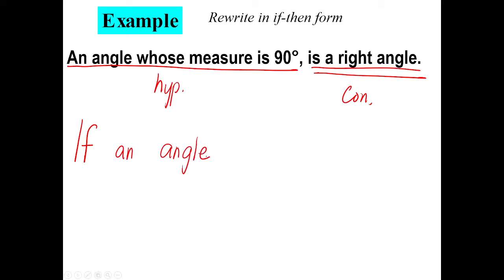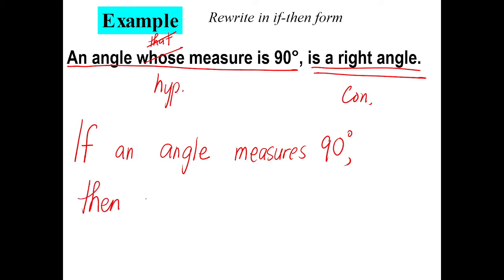Okay, here's the thing. If the sentence has the word whose or that, we should remove the whose and that. So, if an angle measures 90 degrees, then it is a right angle.